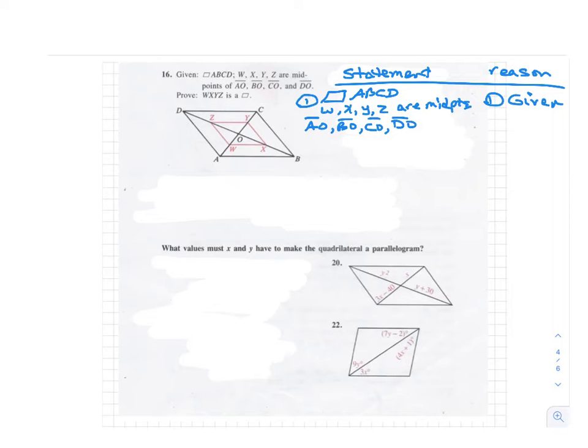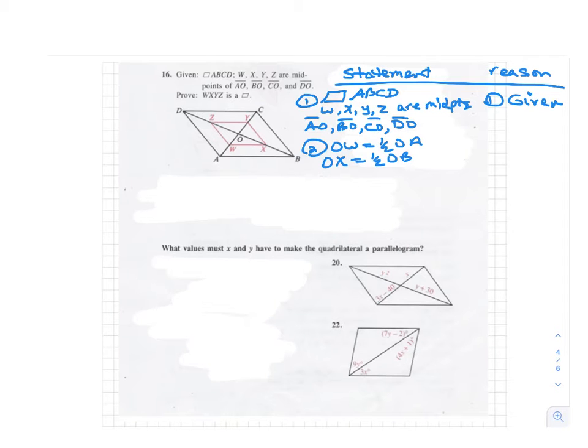So I'm going to establish for my second step here my midpoint theorem. So I'm going to state that the length of OW is going to be half of OA. And the length of OX will be half of OB.